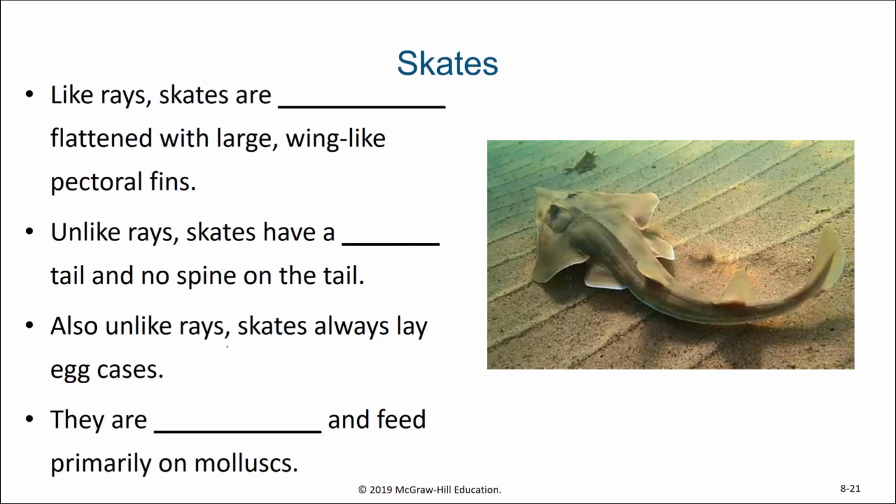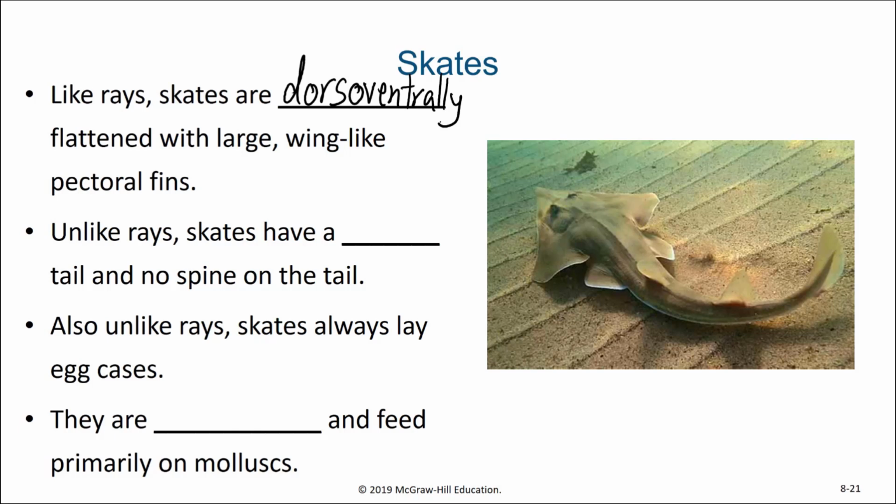Our next group of chondrichthyans are the skates. In a lot of ways, skates look like a combination between rays and sharks. Like rays, skates are dorsoventrally flattened, with large, wing-like pectoral fins.